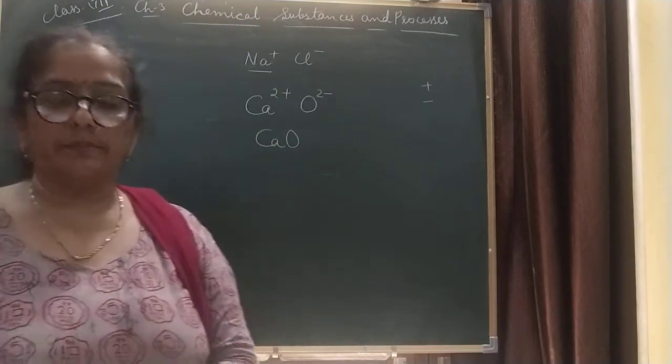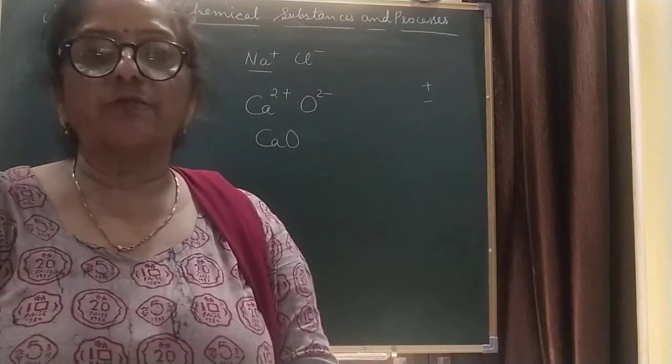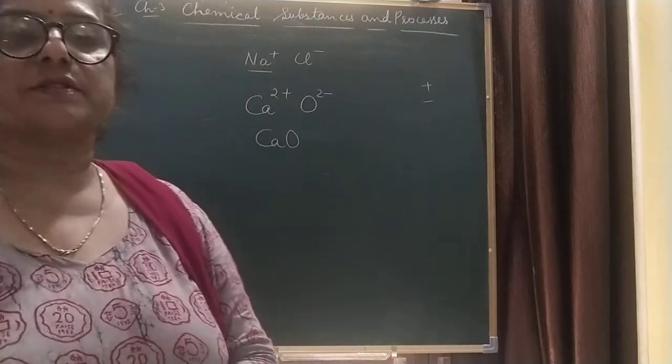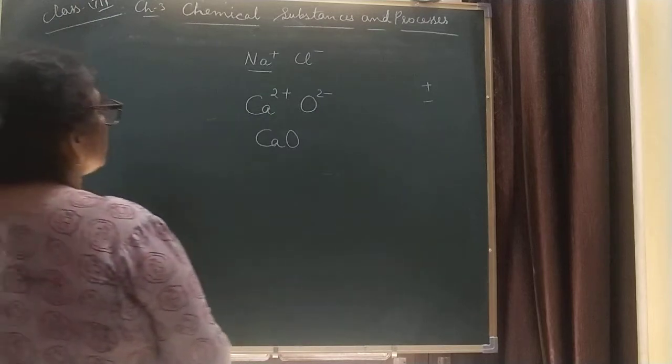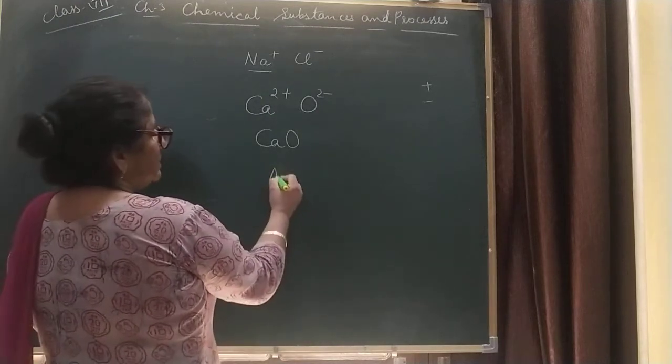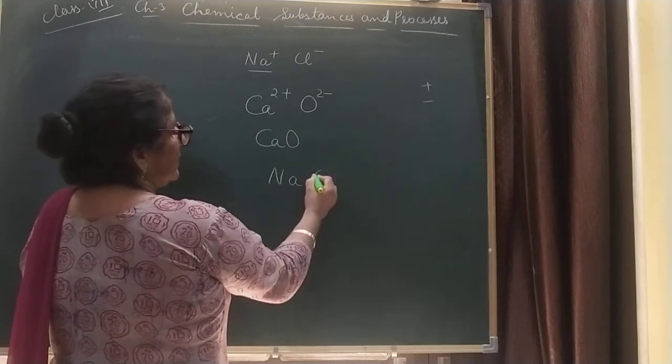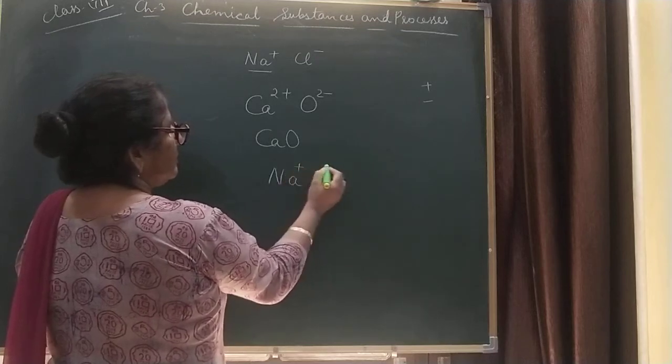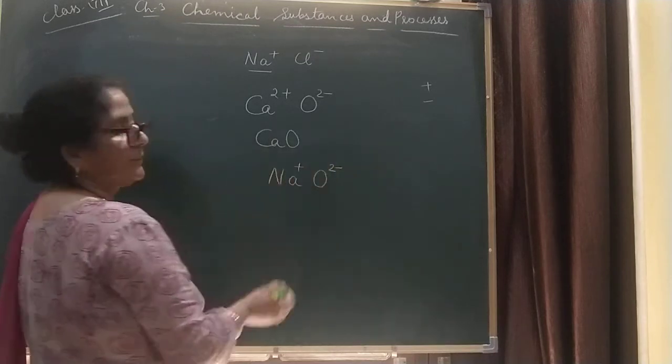Now the third one, charges of the 2 ions are crisscrossed. What do you mean by crisscrossed? For example, sodium oxide, with sodium 1 positive and oxide 2 negative.